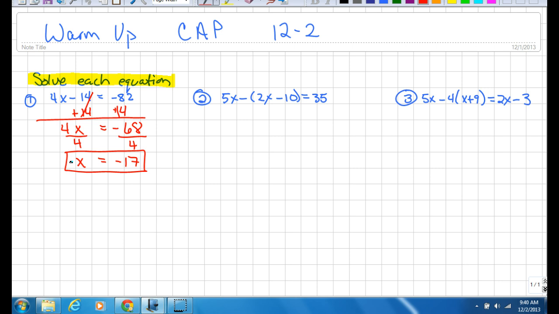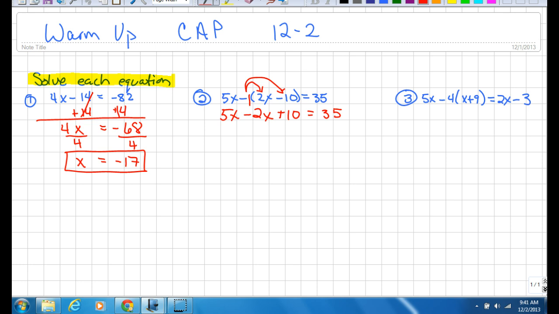Now, on number 2, this one confused a lot of people, I've noticed, because it has this negative here. If you can put a 1 there, that might help you a little bit. Because what you really need to do is to distribute the negative 1 to both of these. Okay? So this will be 5x minus 2x plus 10, after distributing the negative.